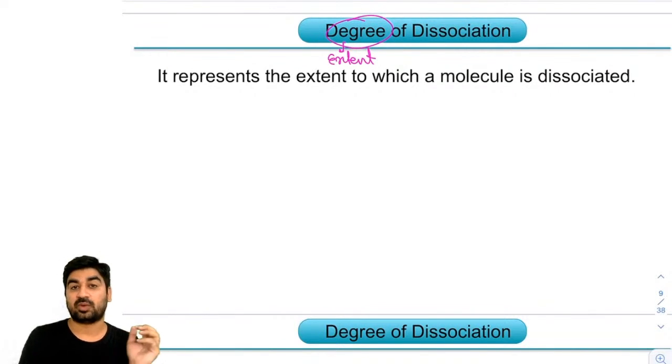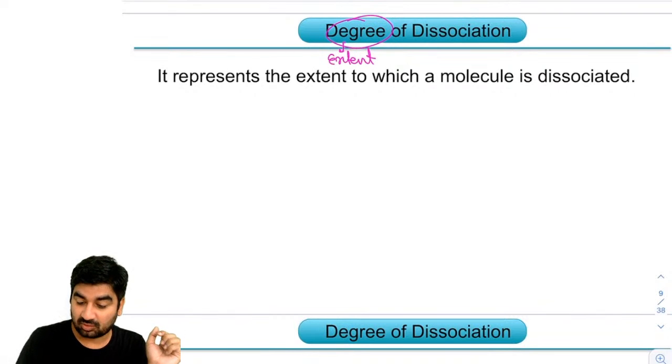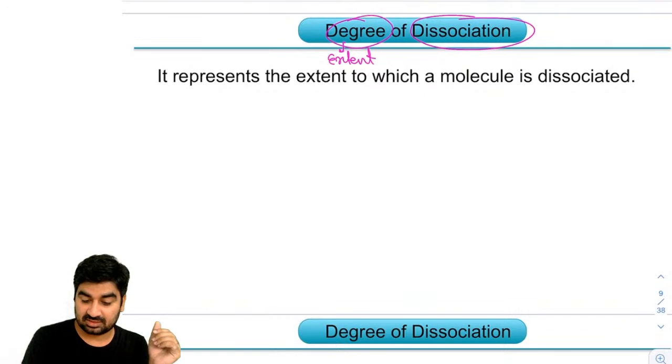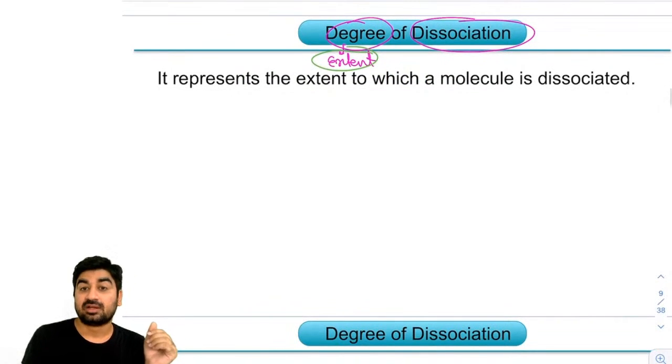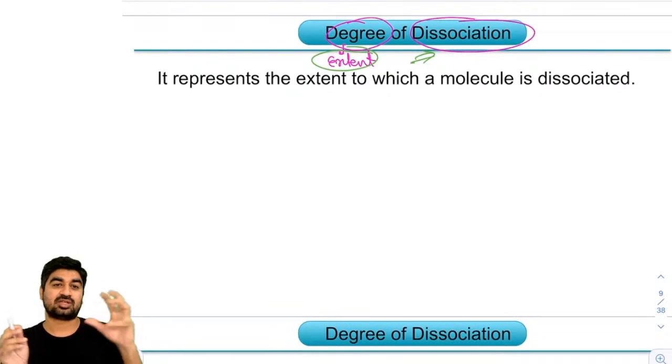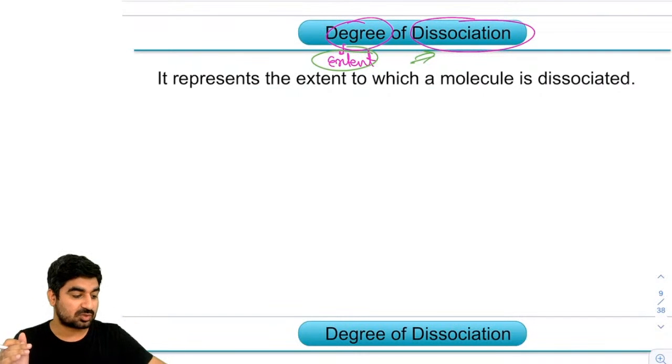When we are saying degree of dissociation, this is extent. And what do you mean by dissociation? Dissociation means something that is big is being dissociated into smaller atoms or molecules or ions.